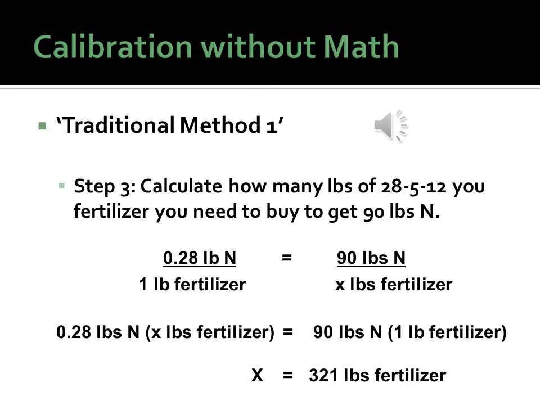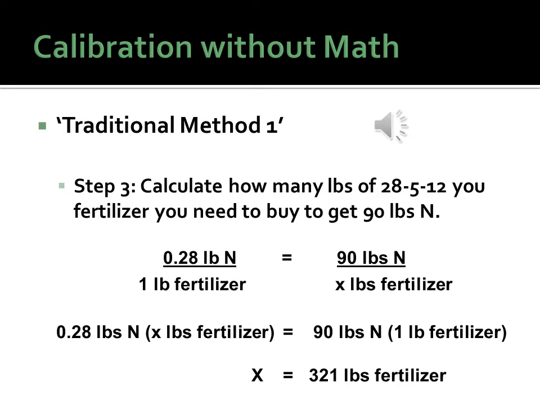It's basically 90 pounds divided by 0.28. I'm not sure if you can see that little bit at the bottom. I might have to pull the screen down. And X is equal to 321 pounds of fertilizer.